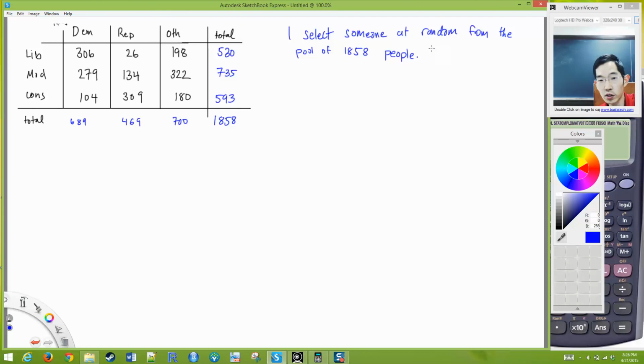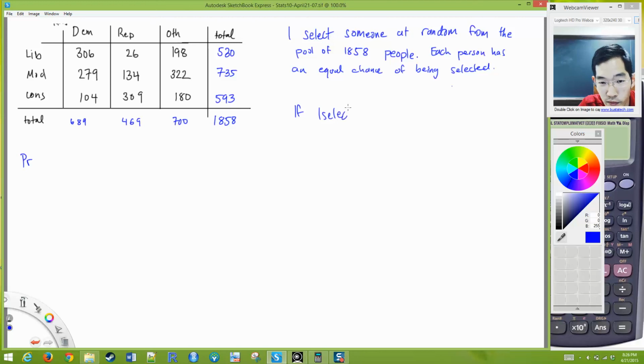So what if I ask, if I select someone at random, what is the probability that the person I select is politically moderate?